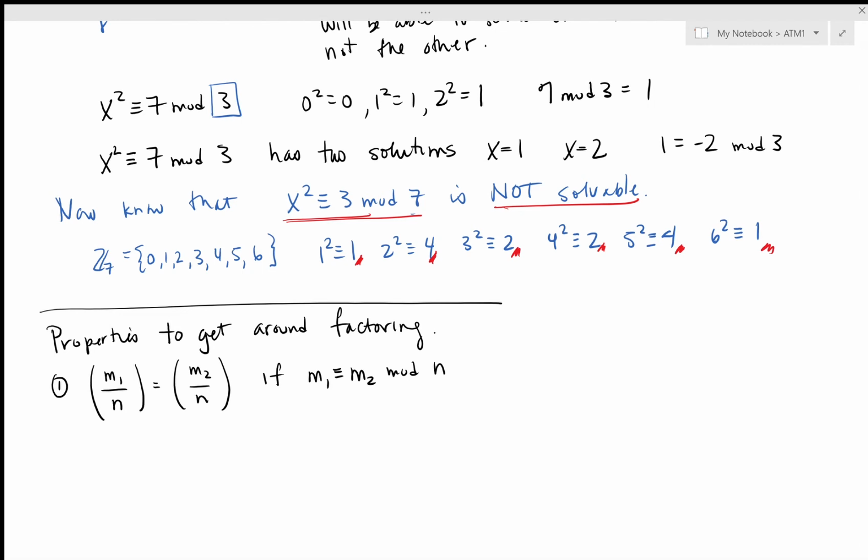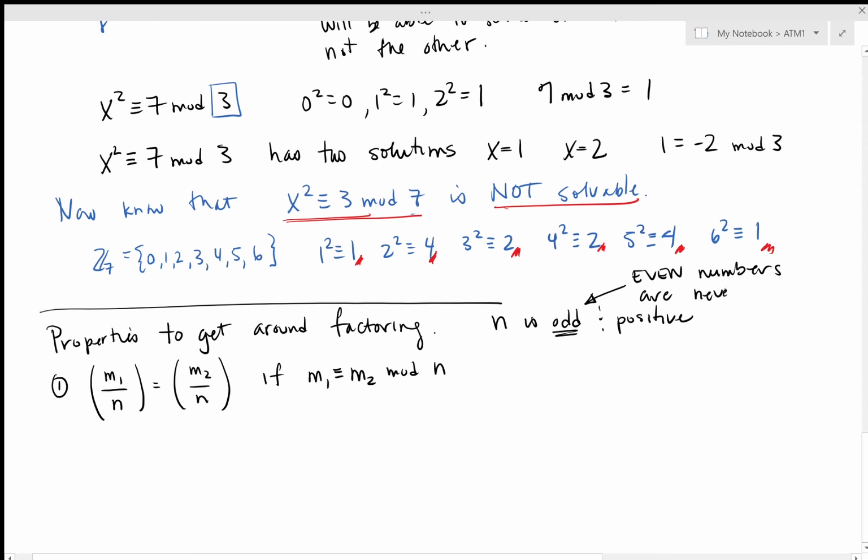Let us make a statement here: n is odd and positive. We're never going to be checking even numbers to see if they're prime. Even numbers are never prime, except for 2, and we've excluded that in this whole theory.